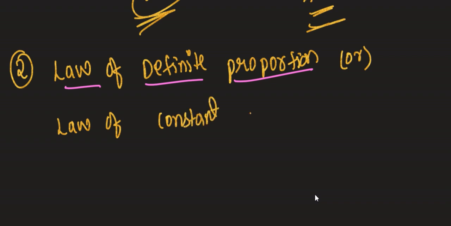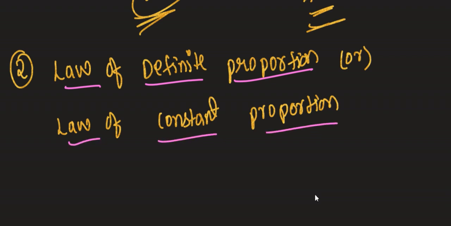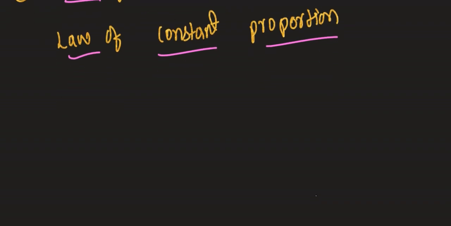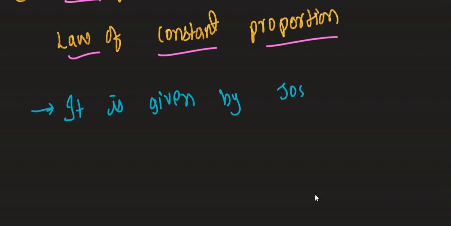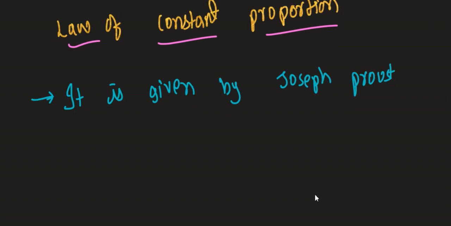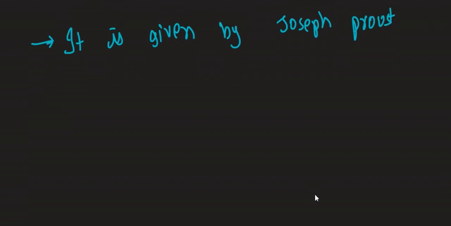Okay, so let us try to understand what is the meaning of law of constant proportion. First of all, it is given by Joseph Proust. Let us try to write down here.